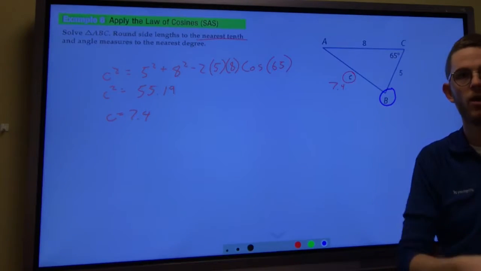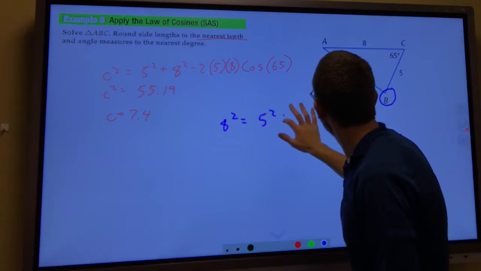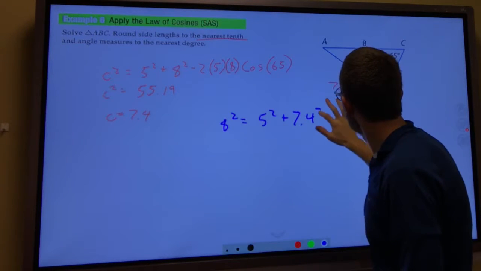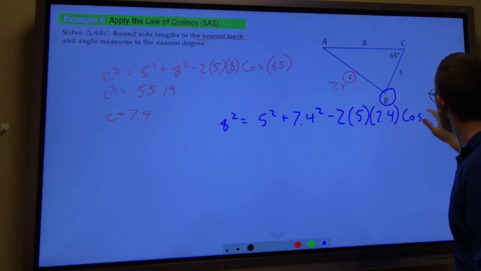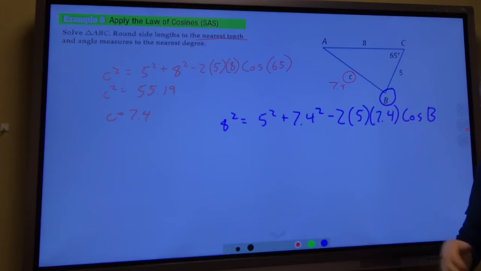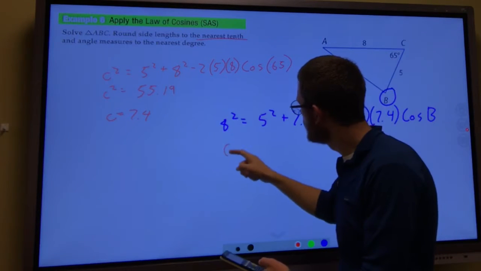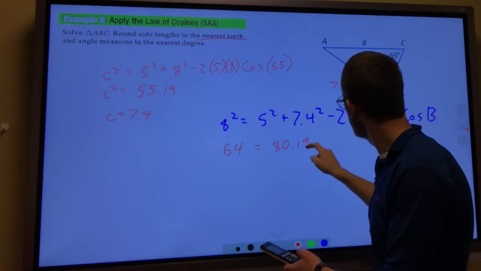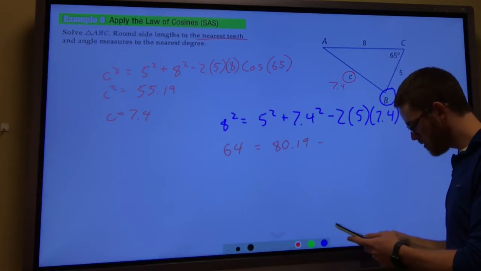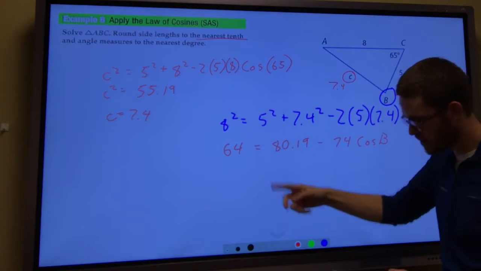You could find angle A first, I don't care, but I'm going to find angle B. So 8 squared equals 5 squared plus 7.4 squared minus 2 times 5 times 7.4 times cosine of B. You've seen the law of cosines work out like this before. 64 equals 80.19-ish minus 2 times 5 times 7.4, that's just going to be 74, cosine of B. Subtract that over.